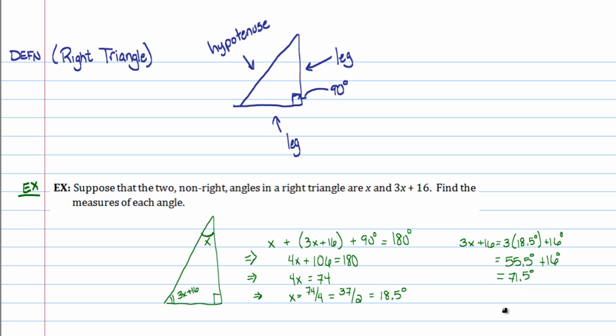We could double check this, by the way. If one of the angles is 71.5 degrees, so that's this angle right here, and if the other angle is 18.5 degrees, well, let's add these up. 18.5 plus 71.5 is 90, and we have an extra 90 here, so that's 180 altogether. That makes sense.